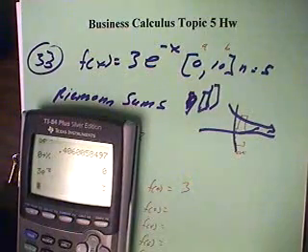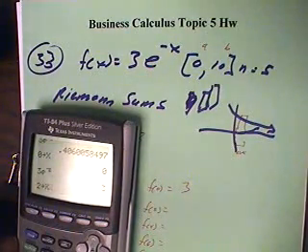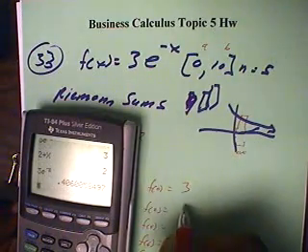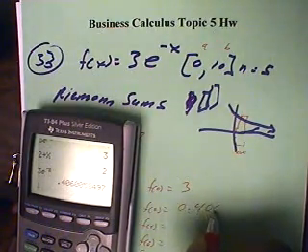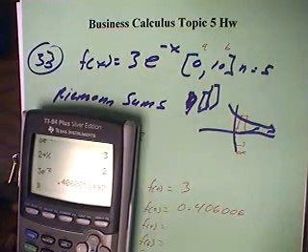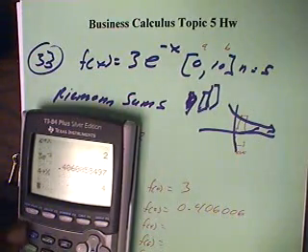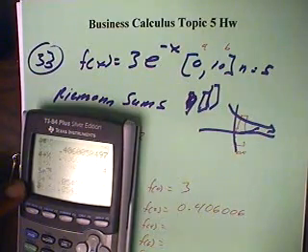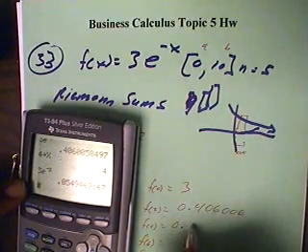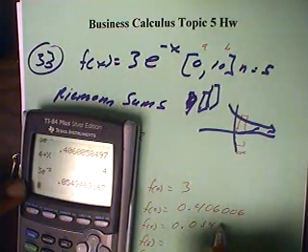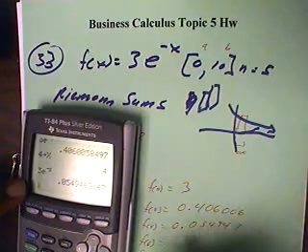Now I'm going to store 2 into x, and then bring up my equation again, and now I have 0.406006. Okay, now let's make x 4. So 4 store x, second function entry brings up my equation again, press enter, and now I get 0.054947.